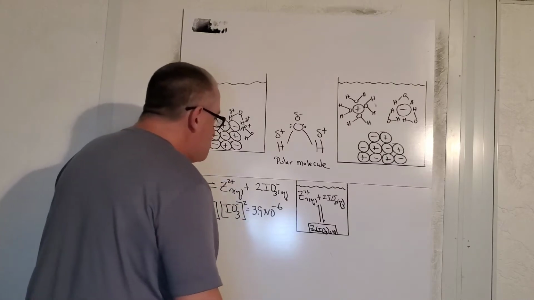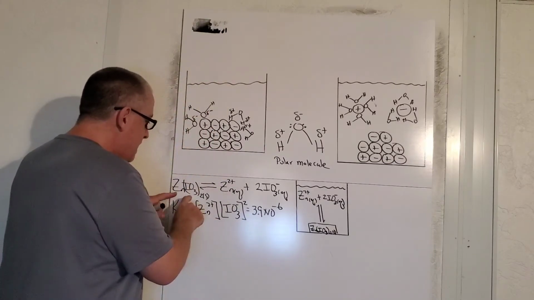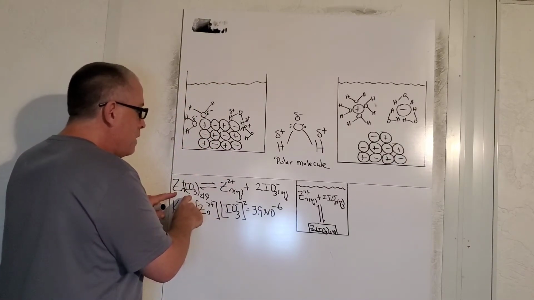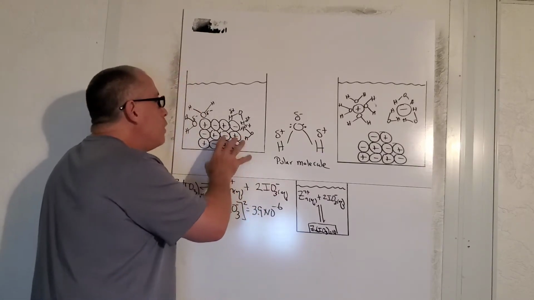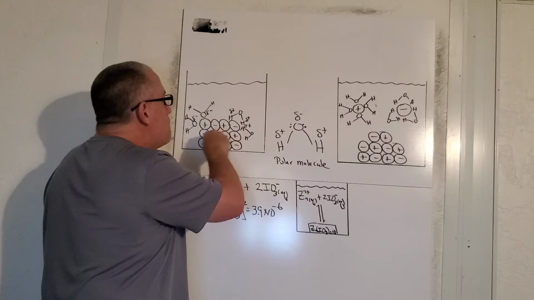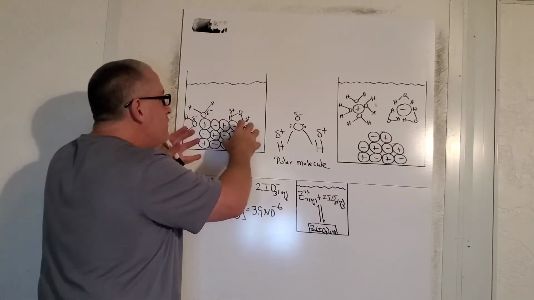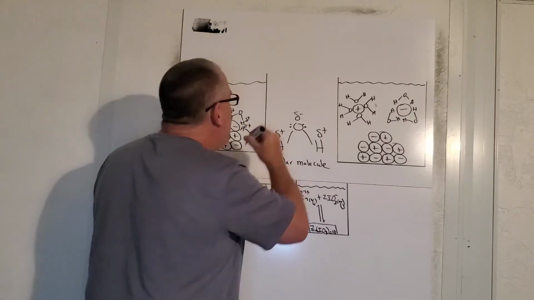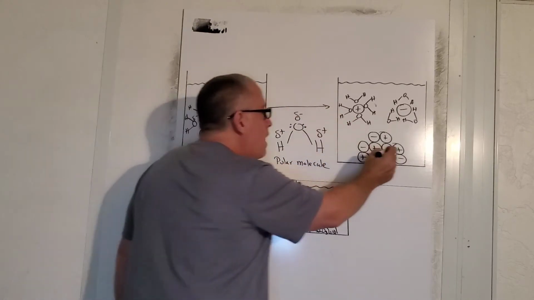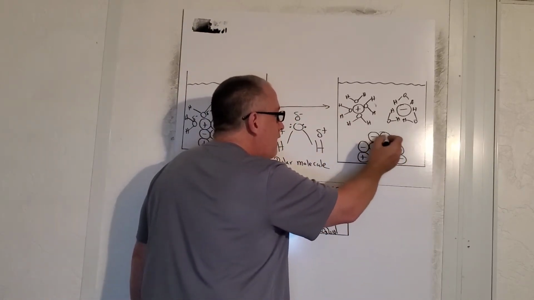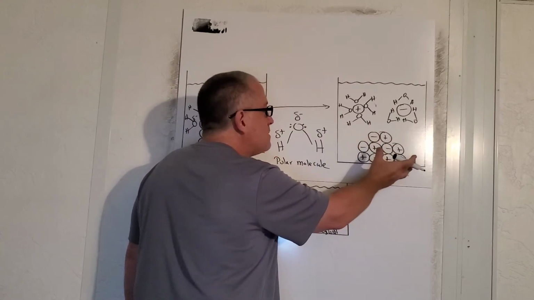And so if we take a solid like zinc iodate, which, oh, by the way, I meant to go back. If water is able to completely pull apart all of the ions, then when I'm done, I'll have none of this solid left visible in the container.